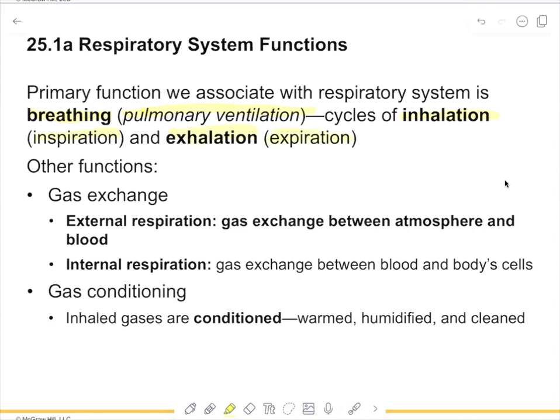Other important functions of the respiratory system include gas exchange, and gas exchange includes two main processes. There is external respiration, and that's gas exchange between the atmosphere and the blood. This particular part actually occurs in the alveoli.